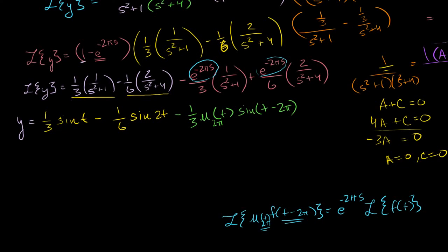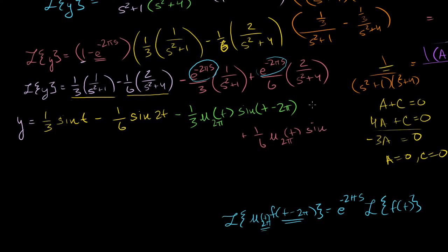And then we're almost done. I'll do it in magenta to celebrate it. Plus this very last term, which is 1/6 times the unit step function, 2 pi of t, the unit step function that steps up at 2 pi, times sine of, and we have to be careful here.